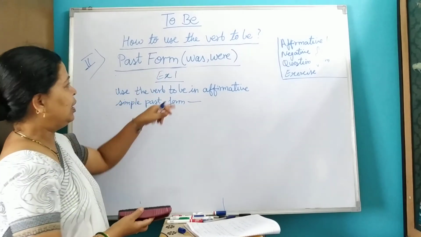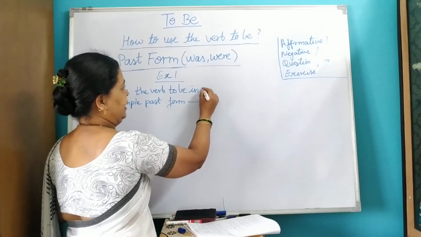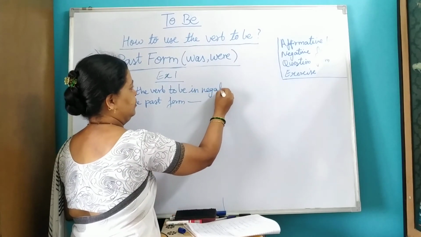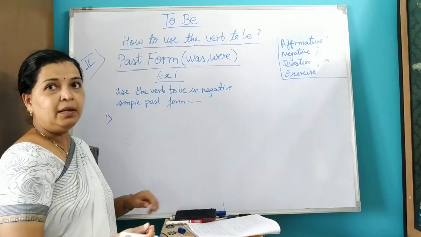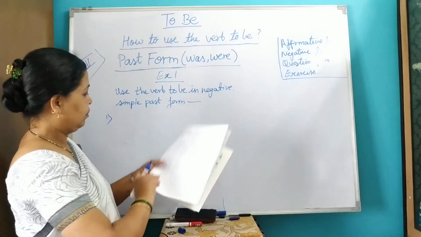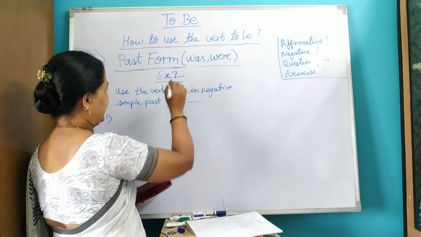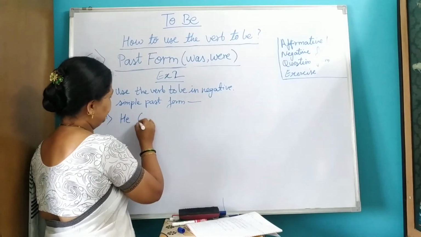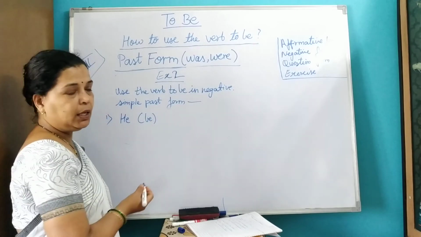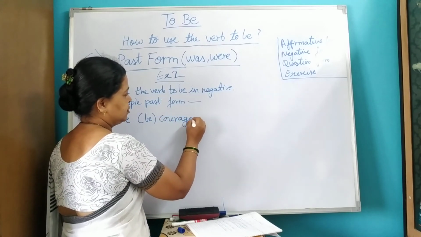So now in the second exercise we'll see how to use it in the negative form. So use the verb to be in negative. Okay. First example. Second exercise. Okay. So he be courageous.